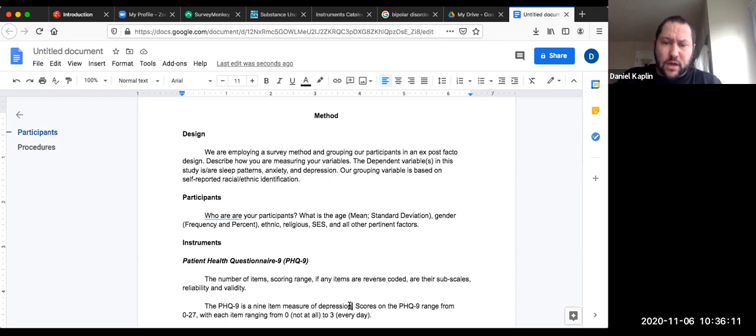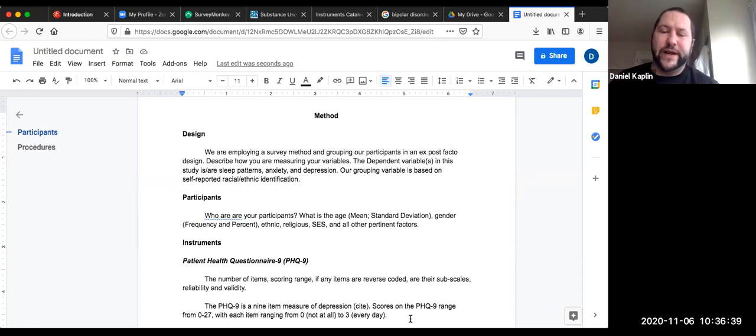Now, you're going to also want to cite the authors of the instrument. So it seems like the first place you would do this is when you talk about what the instrument is. And then afterwards, so we talked about scales, subscales. Reverse coding is a strategy used when you worry about people just answering from a response set, just agreeing to everything or disagreeing.